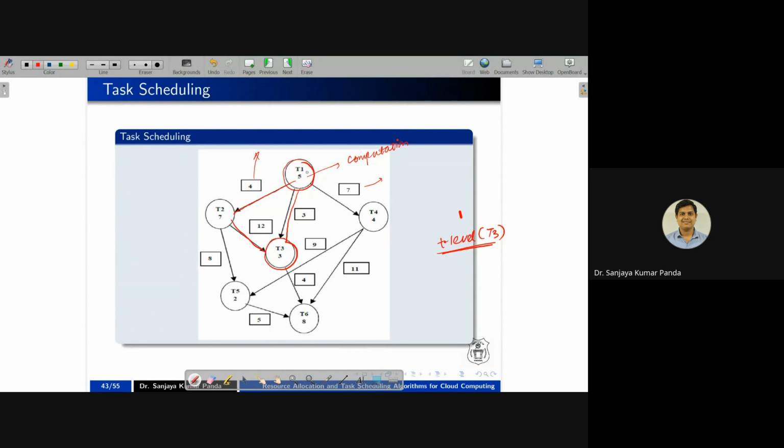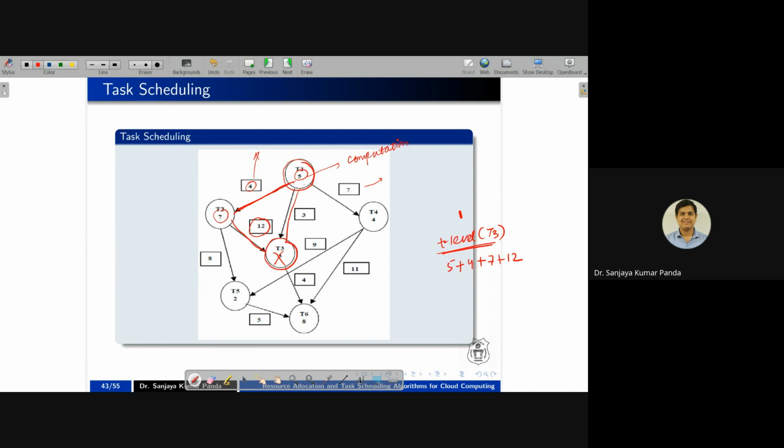If you go from the entry task to the given task through this particular path, it will come to 5 plus 4 plus 7 plus 12. And you will not consider the computation time of the given task.